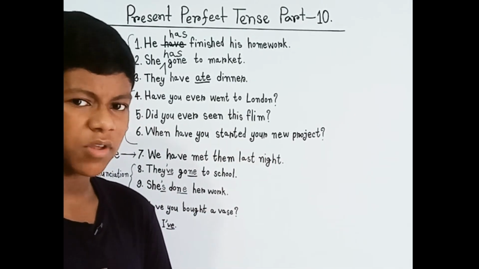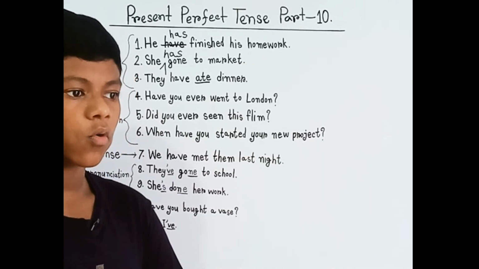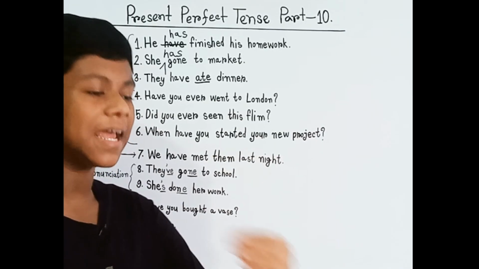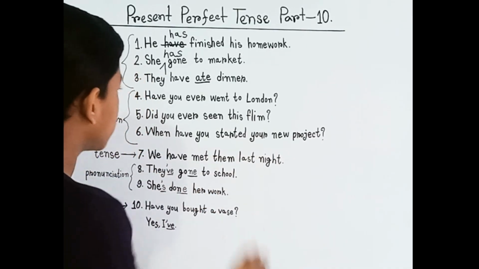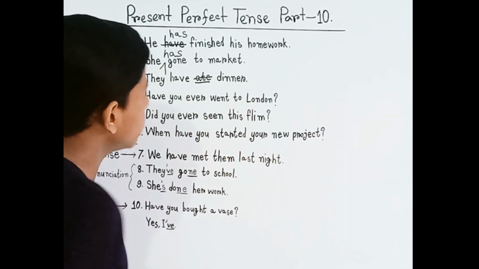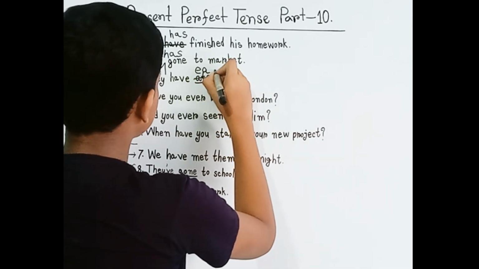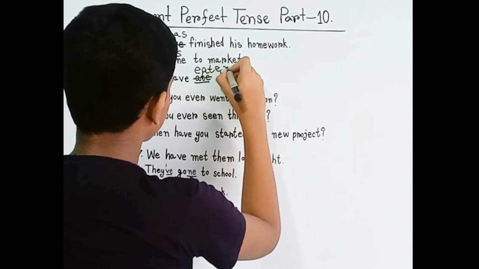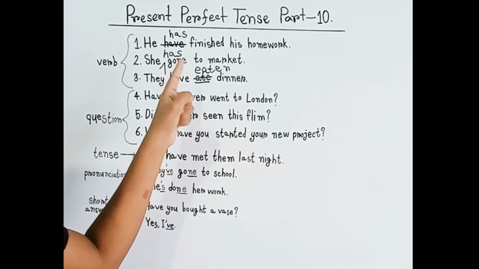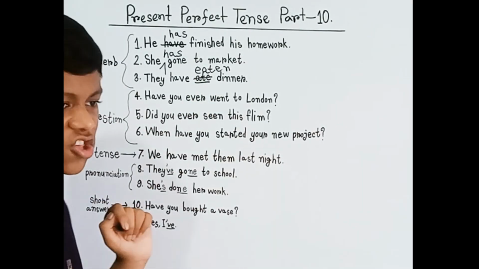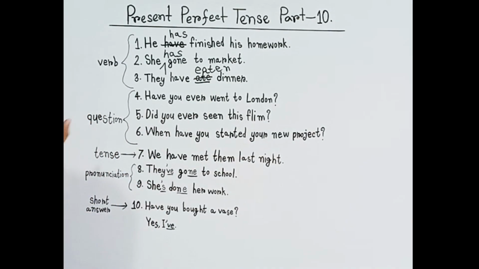The past participle of eat is eaten. So we have to write eaten. They have eaten dinner.